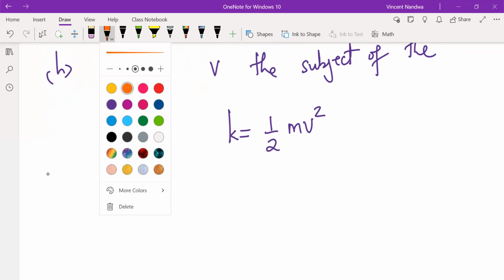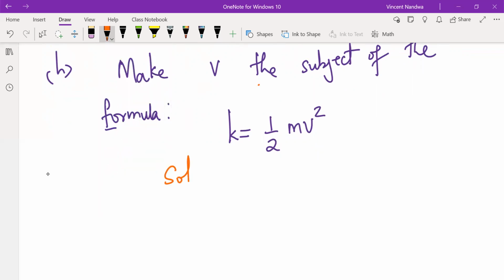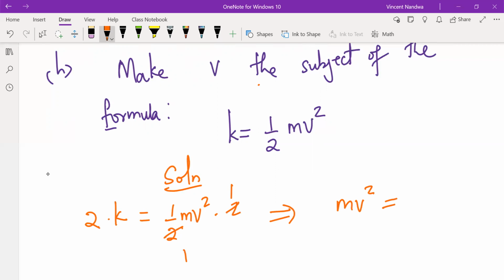Now, the first thing is to remove the denominator in the equation. So multiply both sides by 2. So I have K by 2. So multiplying through by 2, so 2 and 2 cancels out. So which means m v squared equals to 2K.